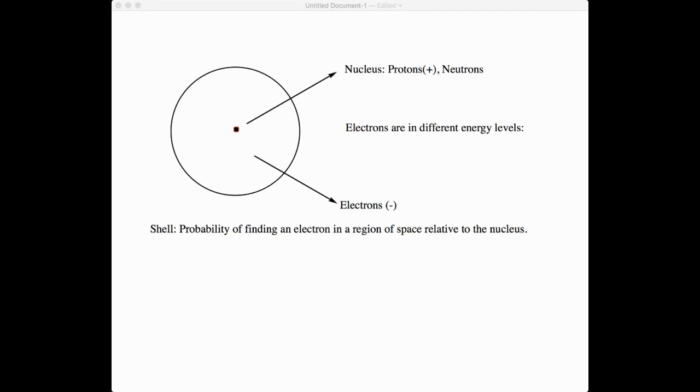There are several reasons why an atom keeps itself together. The first is the electrostatic interaction between the negatively charged electrons and the positively charged protons, right? That's a factor. The second factor is obviously the repulsion between the negative charges of electrons.